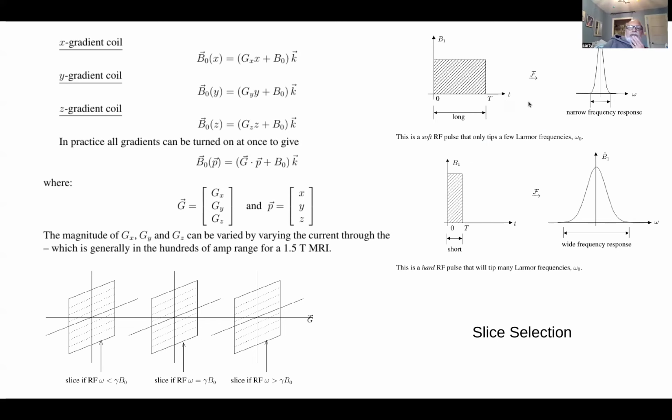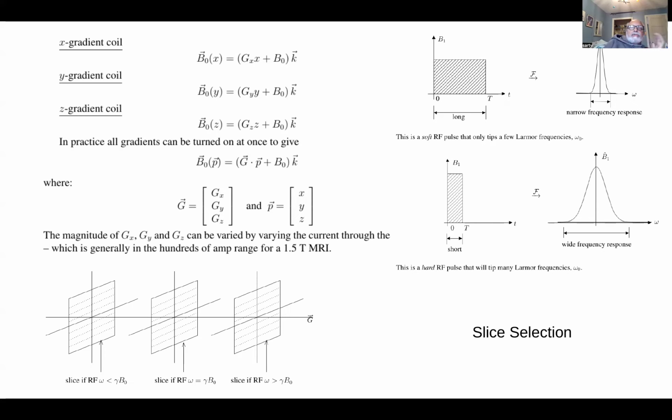So this Fourier transform is completely different from the Fourier transform that we're going to talk about for imaging. What happens is the frequency component of an RF pulse, just by virtue of math, essentially, any function is going to have a certain frequency component.